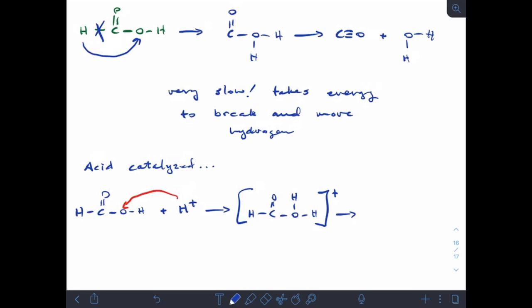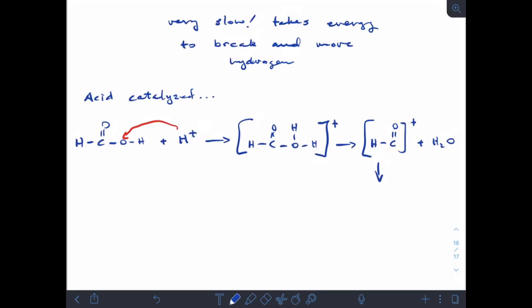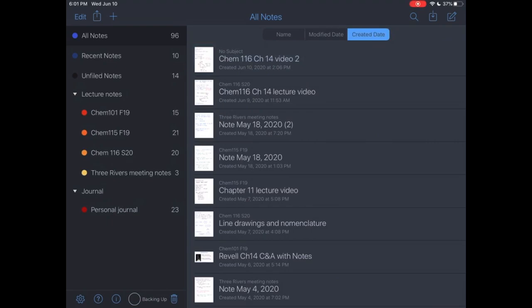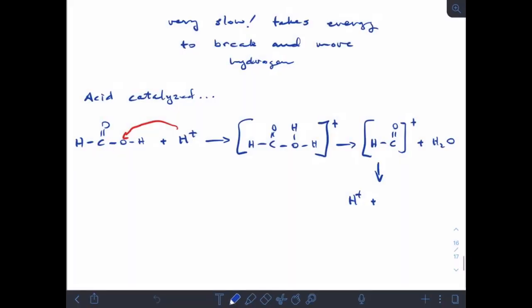Right? So then we have this plus our H2O, and then this positively charged thing breaks apart into hydrogen ions and our carbon monoxide.